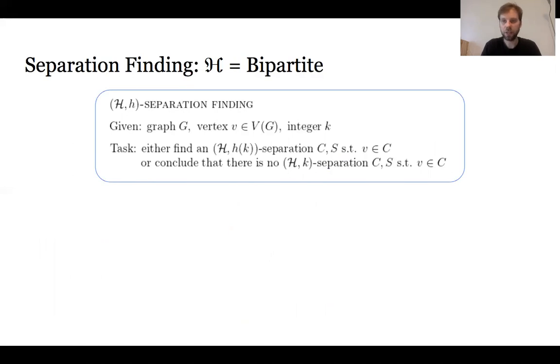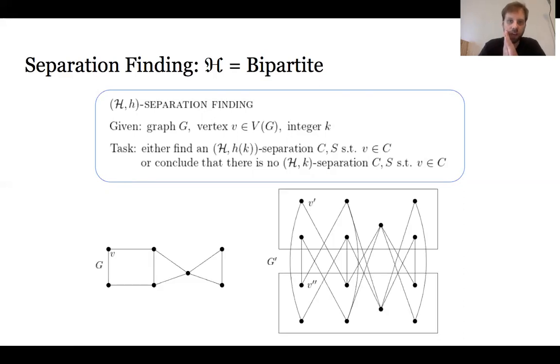Sticking to the example of bipartite graphs, I will quickly sketch how we can solve such a separation finding problem, and recall that we have a vertex V and we are looking for a set C that would induce a bipartite graph and would have some small neighborhood.